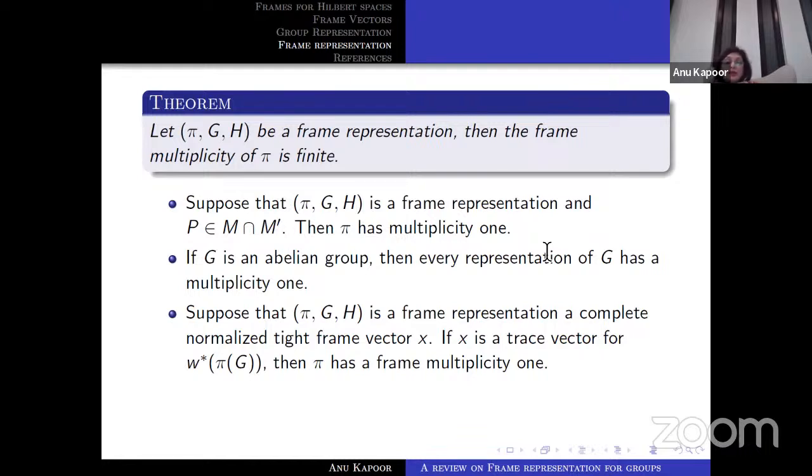Now, suppose that pi G H is a frame representation, and a complete normalized tight frame vector X is also a trace vector for the von Neumann algebra pi G. Then also pi has frame multiplicity 1. So there are cases when the frame multiplicity is 1, or the basic frame vector is just one, and so the class is also simple.